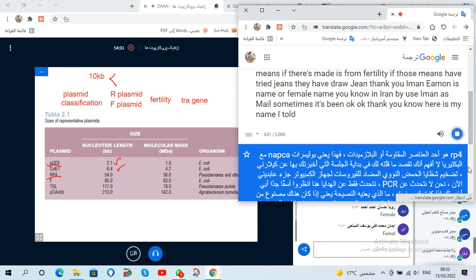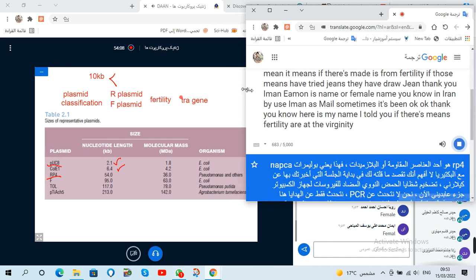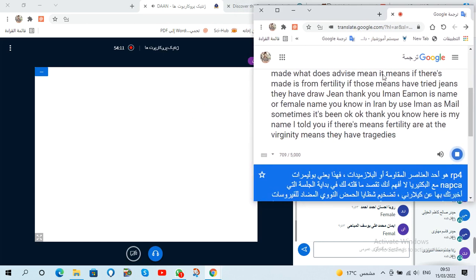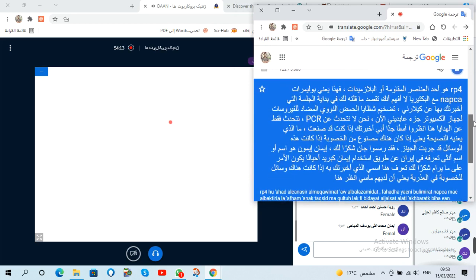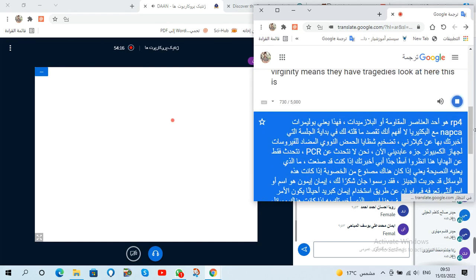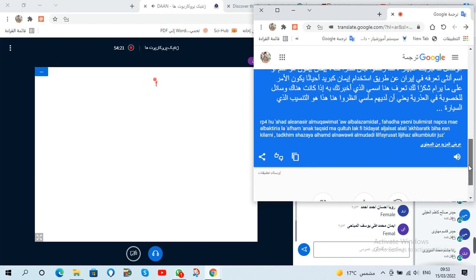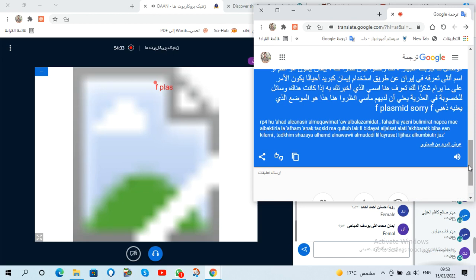I told you F plasmids are the fertility plasmids. They have tra genes. Look at here. This is the plasmid which we call F plasmid.